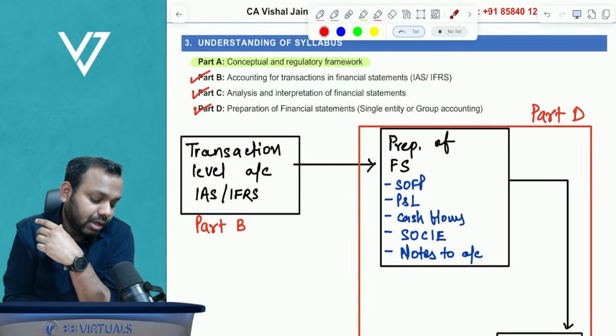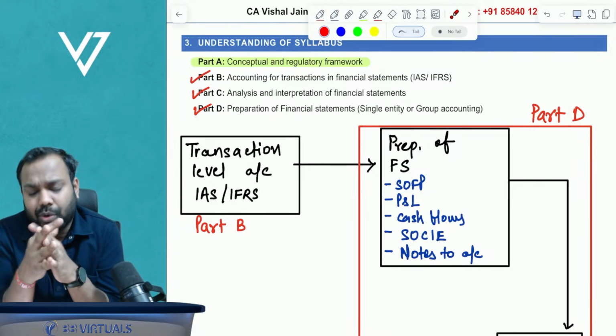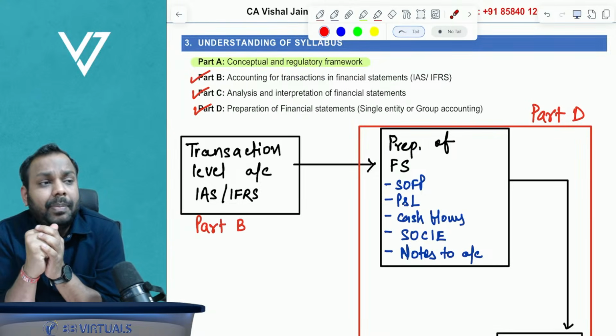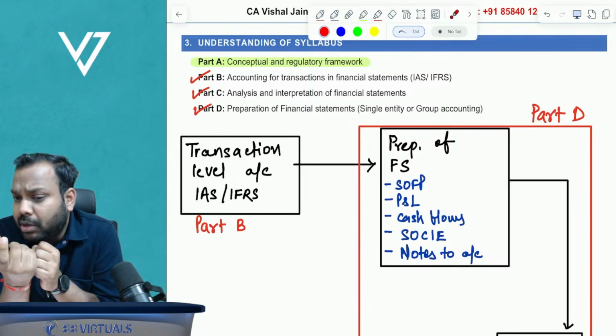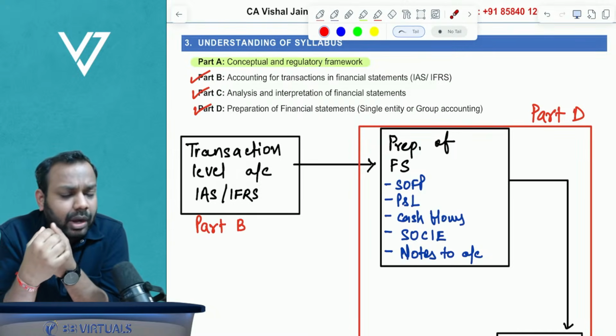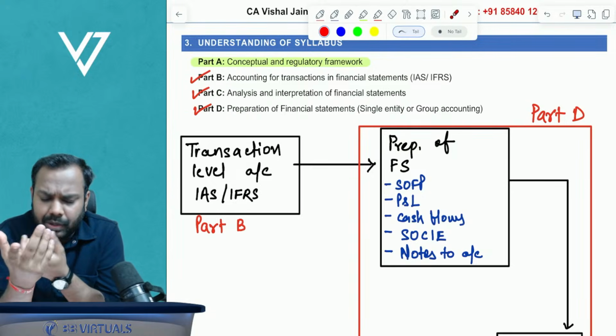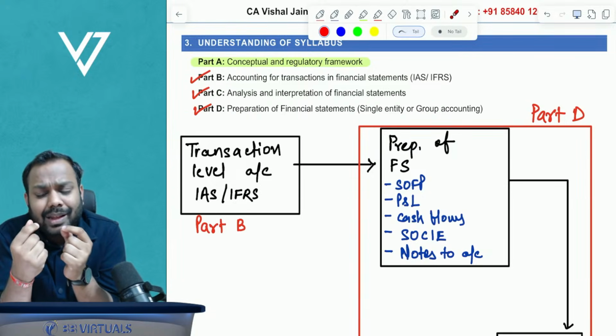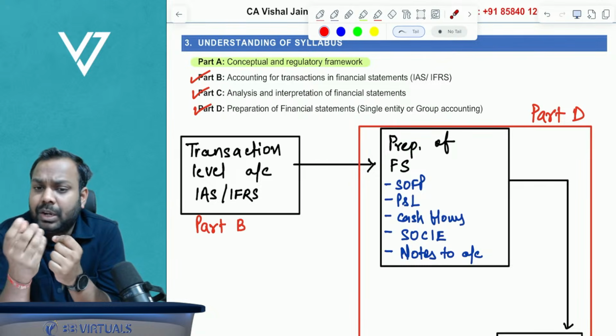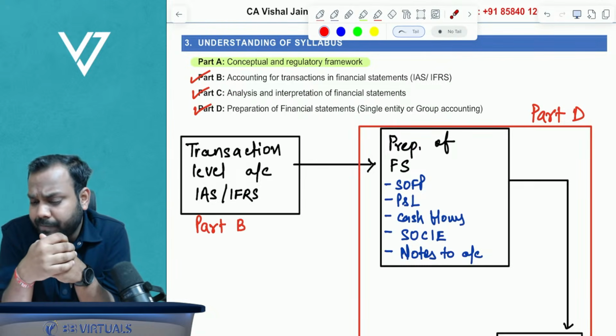Let me give you an example. Have you heard of Bitcoins? Let's suppose initially we heard that Tesla is accepting Bitcoins as a medium of currency.